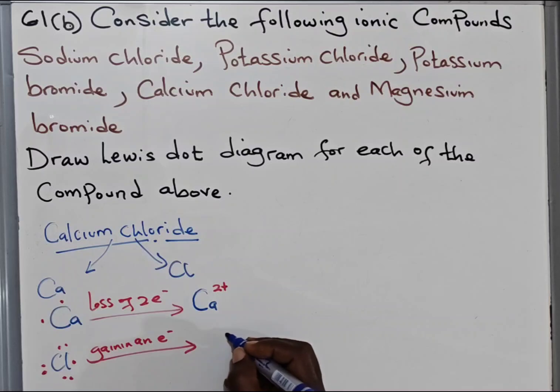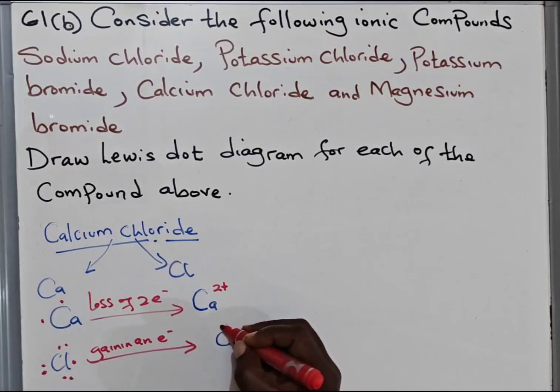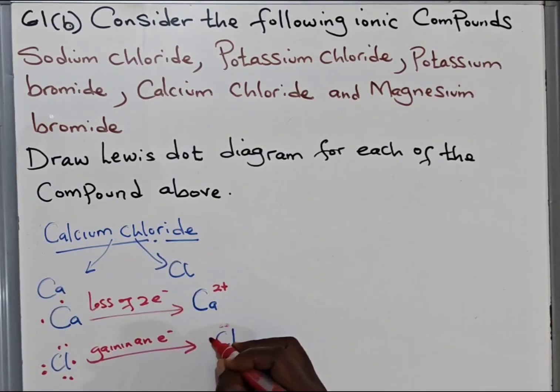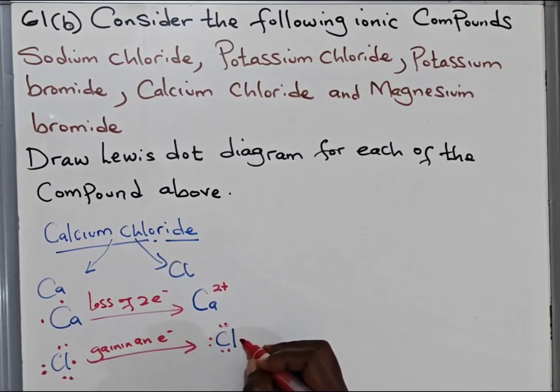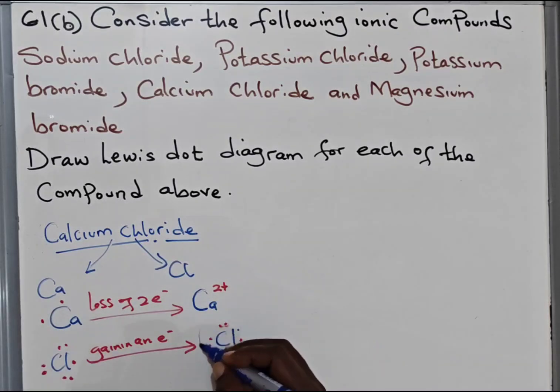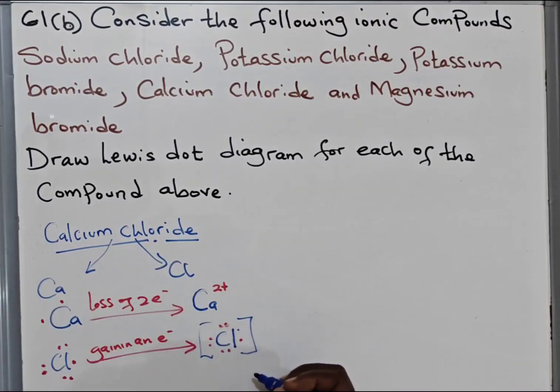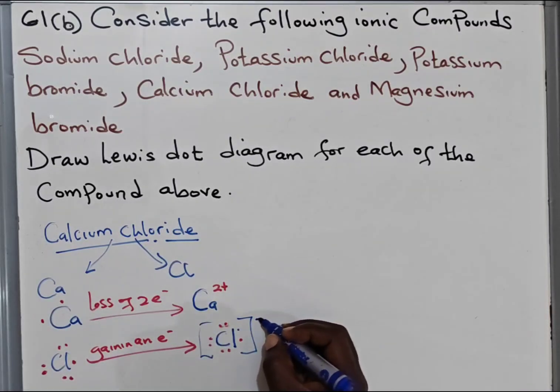We are going to have our Cl, the atom, having our electrons as indicated. Those are 7, but we must remember that it gained an extra one. In gaining an extra one, it becomes negatively charged. So we have a negative charge here.